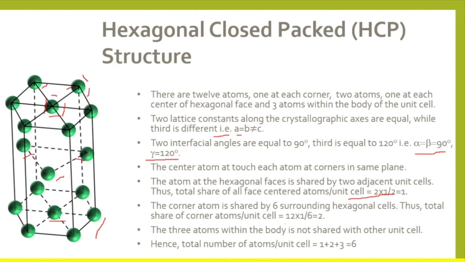So the total contribution from the corner atoms is 2. The body atoms totally belong to one unit cell, and because there are 3 body atoms, the total number of atoms per unit cell will be 6.